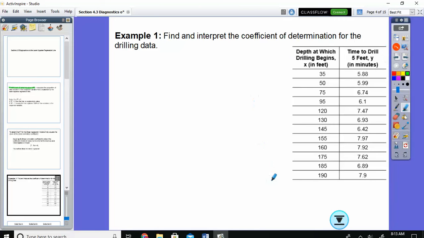Last week we had this oil drilling example. So let's go ahead and enter this in our L1 and our L2. I'm going to reference this a couple times today, so don't delete it out after I'm done with this example, just leave it in there.